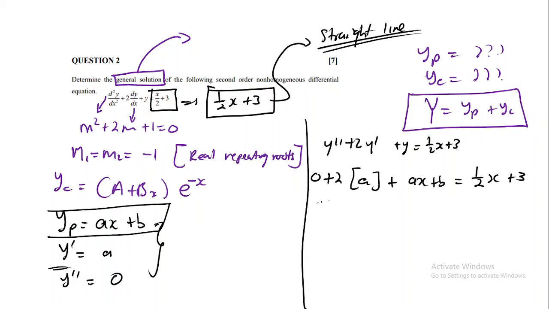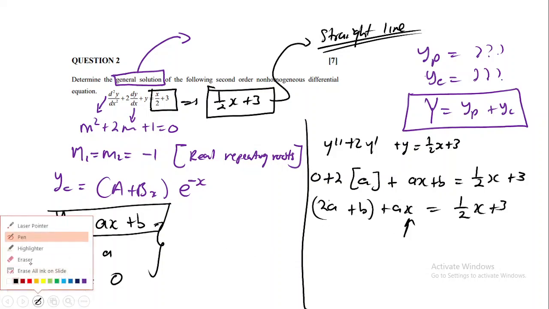So let's try to simplify. We're going to have 2a plus b plus ax. If you check here, I'm grouping our constants, and I'm also grouping the terms which consist of the letter x. So we have our constant here, and then we also have ax, and we're going to equate it to 1 over 2 x plus 3.